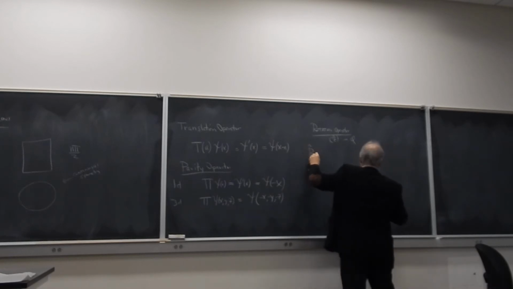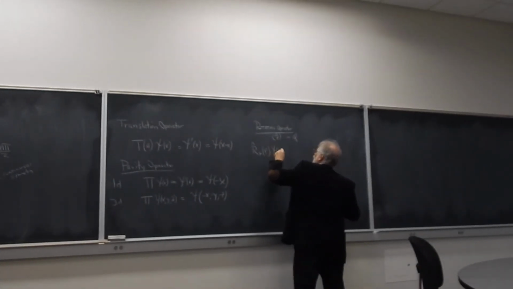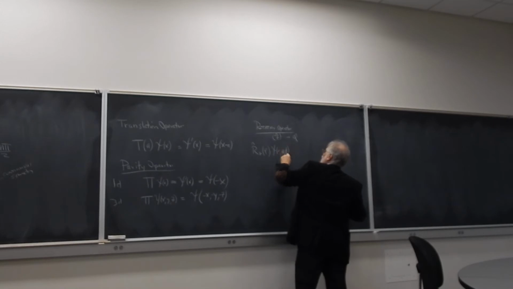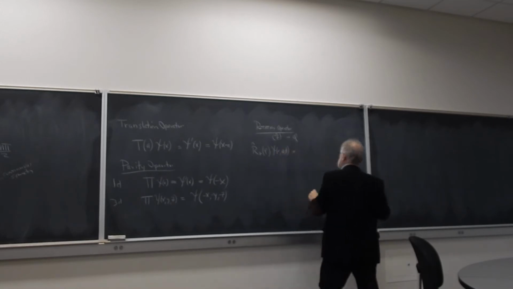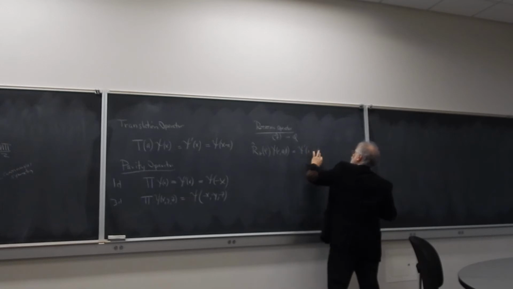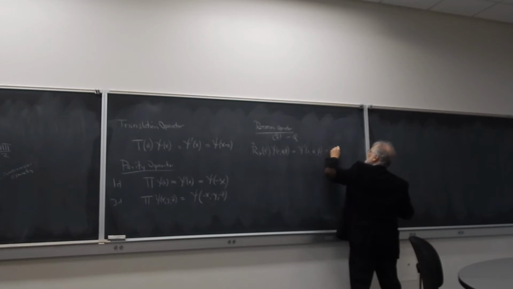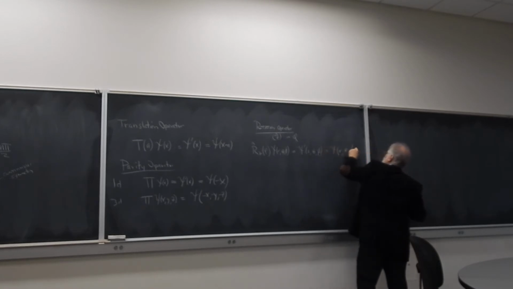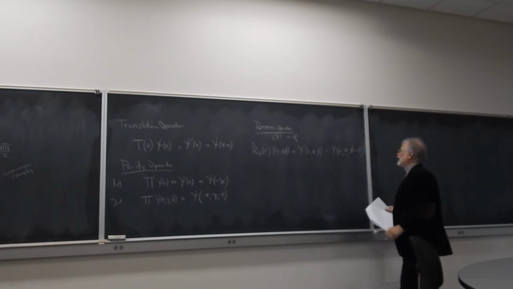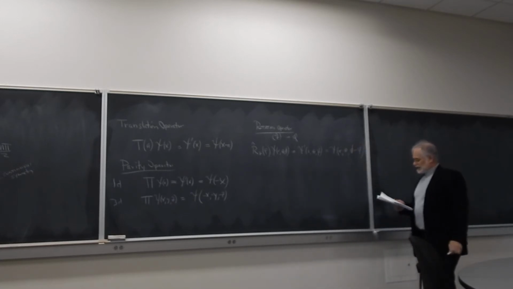I can say my rotation R sub z of phi applied to psi of r, theta, and phi is going to be equal to psi prime of r, theta, and phi, which I can write as psi of r, theta, and phi minus the other kind of phi, if you like. Two kinds of little phis.